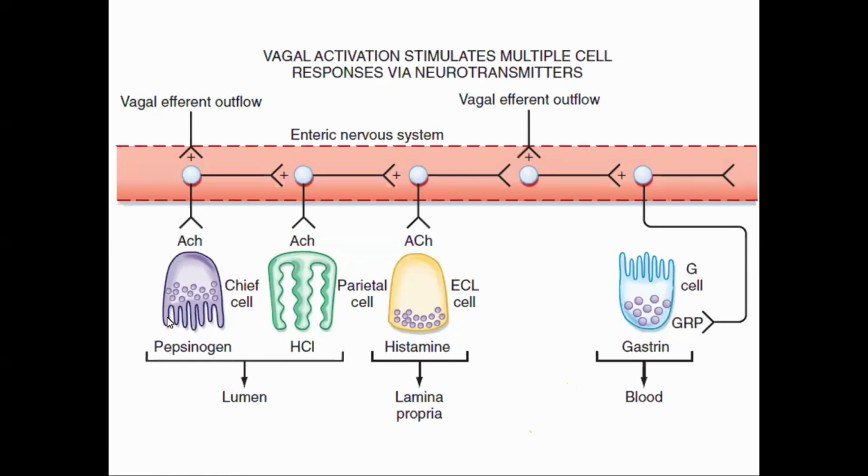But the vagal efferent that acts on the G cell releases gastrin releasing peptide. This is important for MCQs. It has been asked many times.